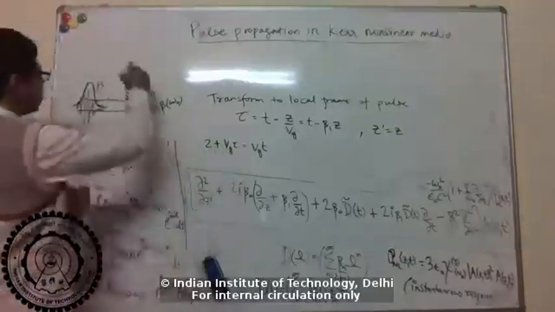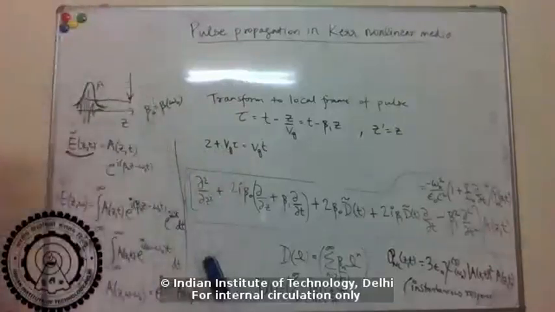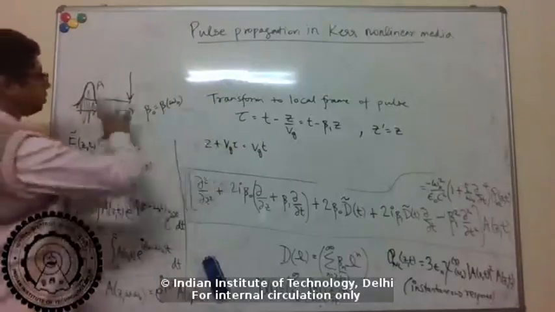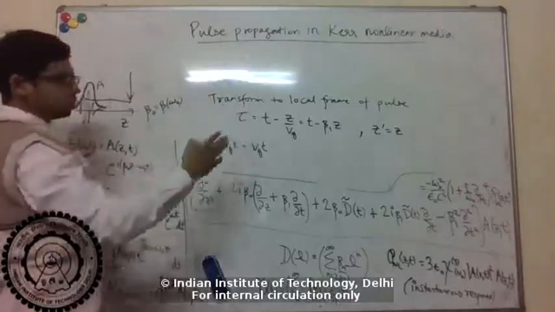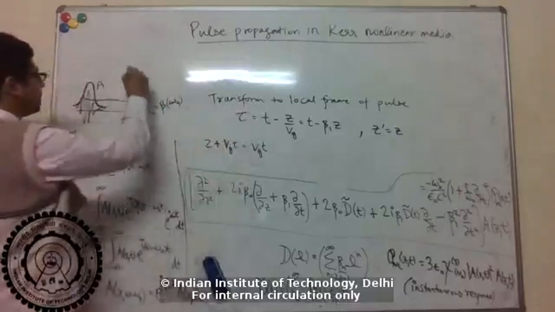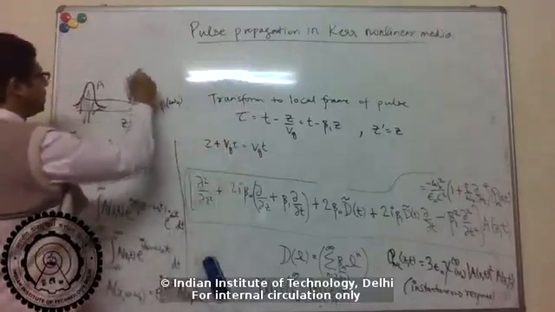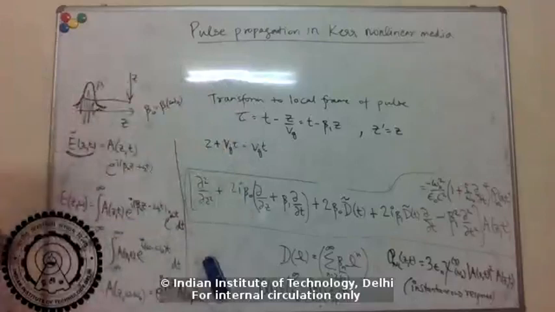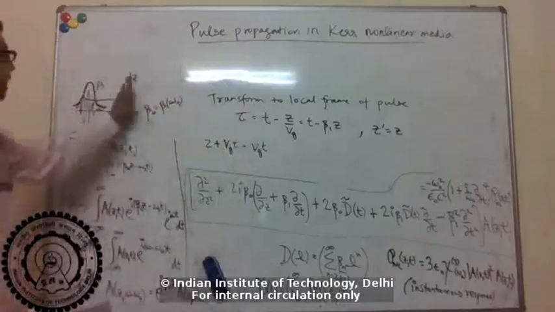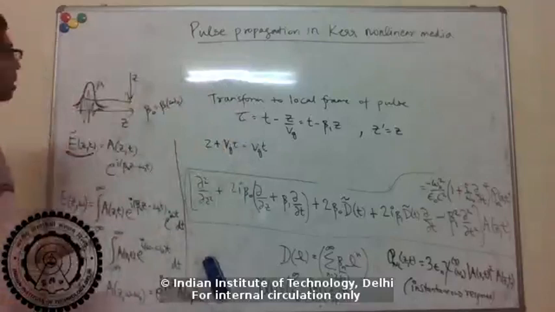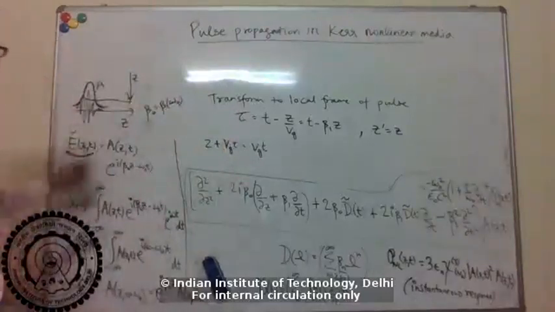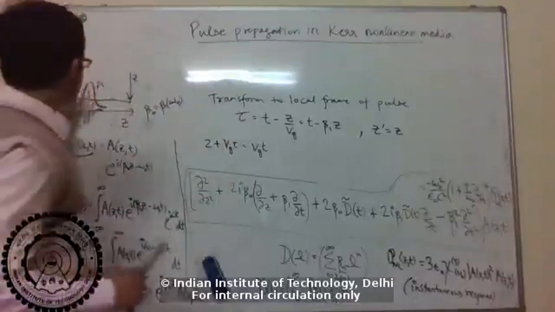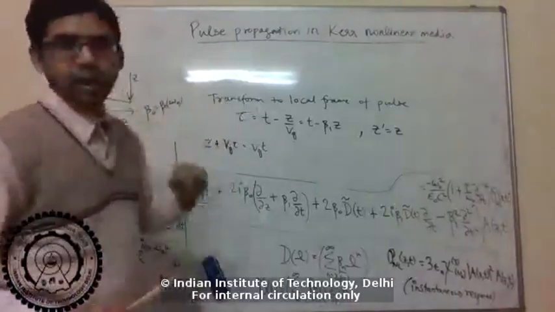So Z is a particular location, right? And then T is some global time. I can fix myself at one particular Z and then see as a function of time what is happening. So let's say I'm standing at one particular Z, and I have a clock which is counting T, and then this pulse comes and passes me by, right?